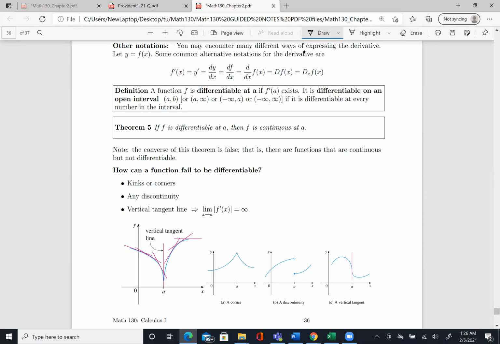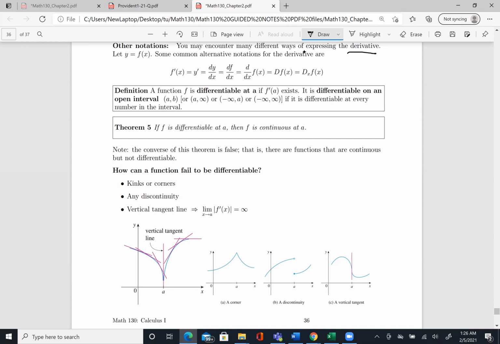Firstly, you may encounter many different ways of expressing the derivative. So let y equal f of x.